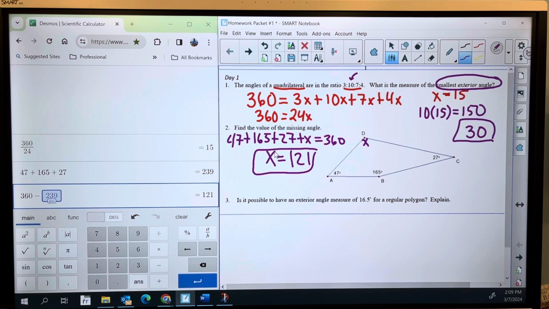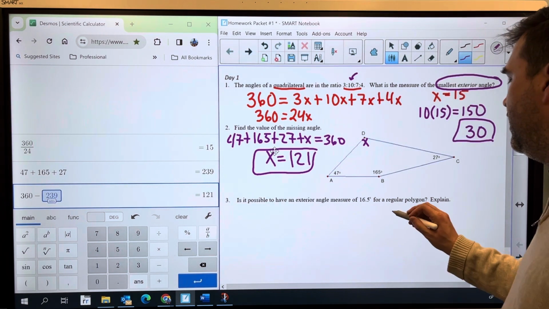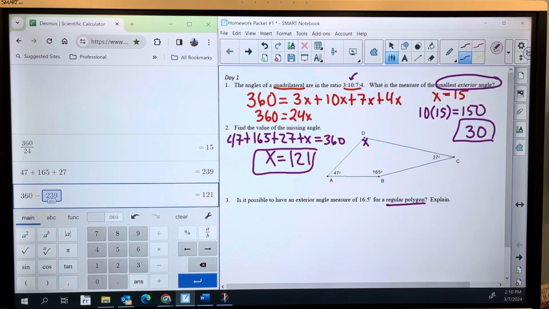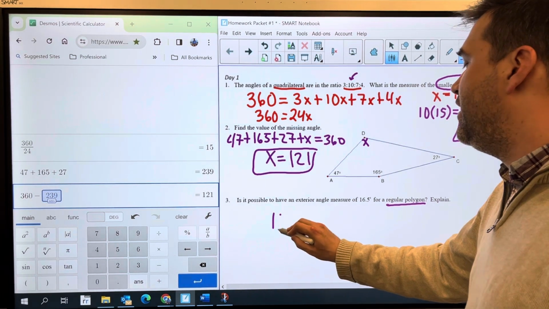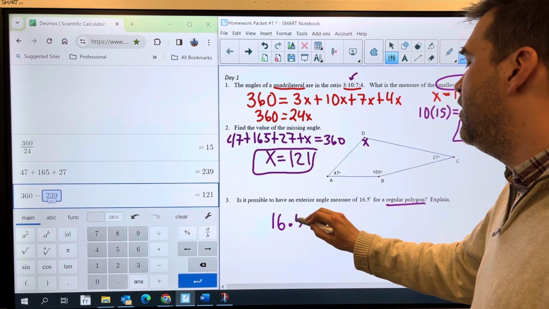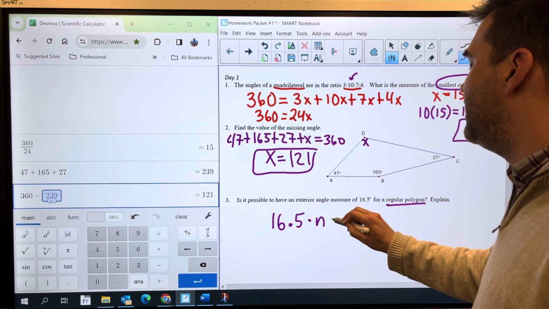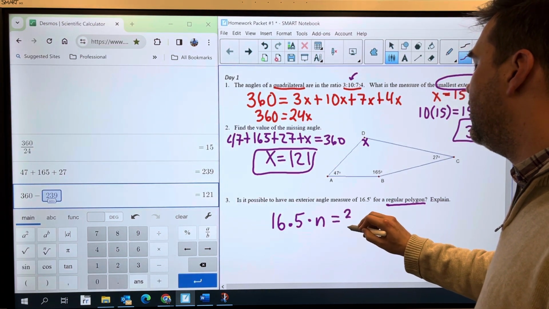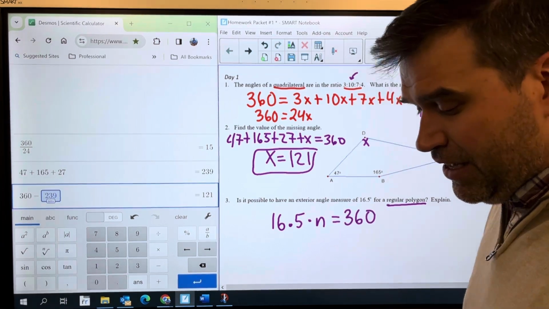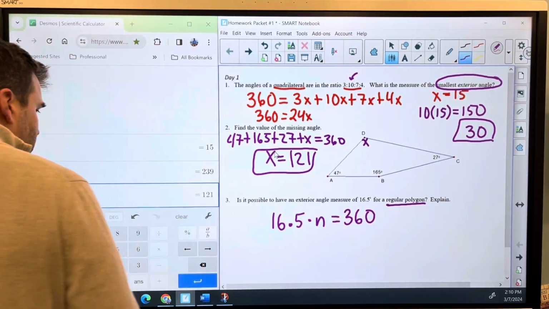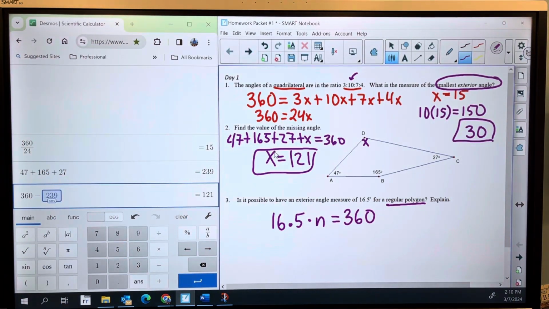And finally, number 3, is it possible to have an exterior angle measure of 16.5 for a regular polygon? Explain. The regular polygon means every exterior angle would be the same size. And so I would need to take that 16.5, multiply it by the number of sides, and it should equal exactly 360, because exterior angles of a polygon add up to 360.